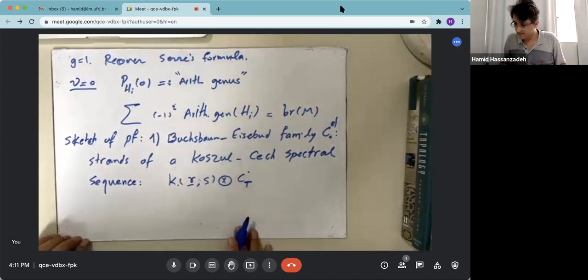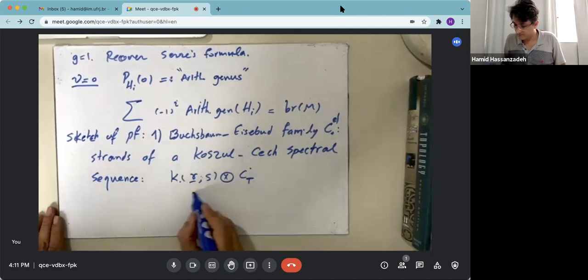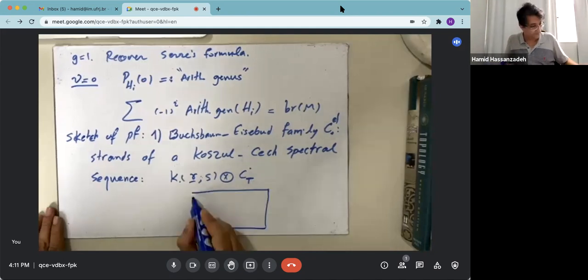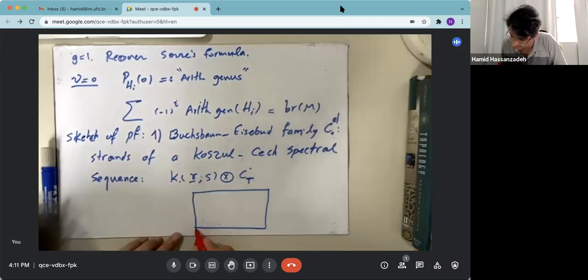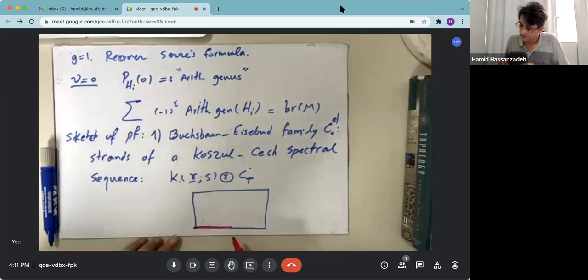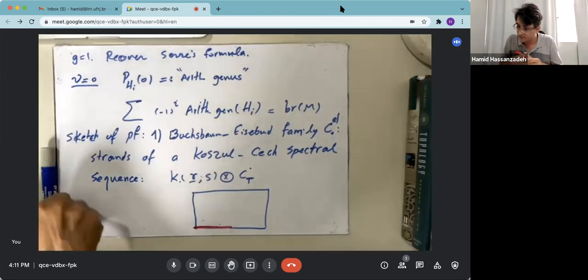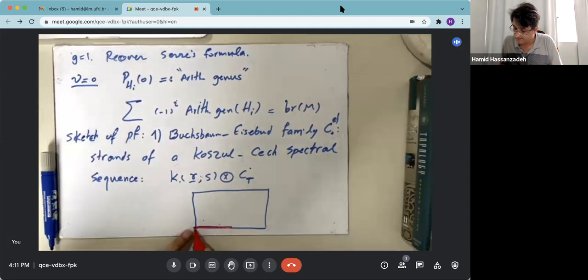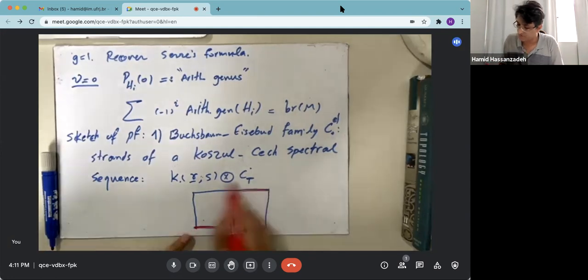So the nice thing is that when you write this horizontal and vertical, the vertical collapses at the last line, and the horizontal spectral sequence provides a connection between the last line in the vertical spectral sequence and the first line of the double complex.